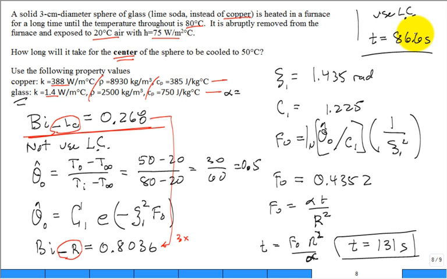Less. If you assume lumped capacitance is true, there's no resistance to the heat transfer inside. The temperature at the center is the temperature at the edge. It'll cool faster. Is that right? So there you go.